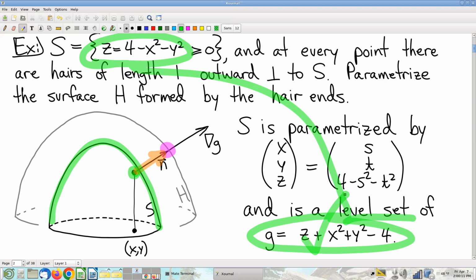But remember, it's very important when you apply the calculus of level sets, you'd better make sure that you're applying it to the function whose level set is what you're interested in. And if you accidentally apply it to the wrong function, if you apply the calculus of level sets in the context of a graph, it makes no sense at all. It's absolute nonsense. Right?